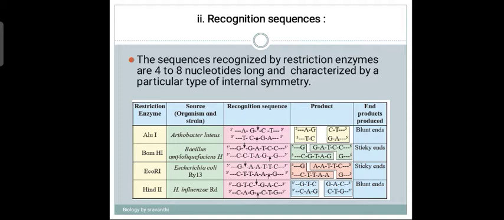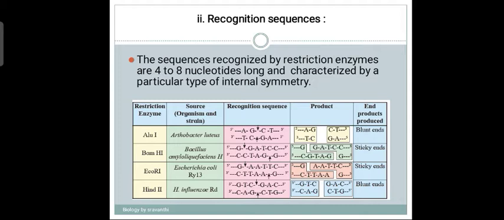Next, coming to the recognition sites. These are the particular points where the enzyme cuts. It selects a 4 to 8 nucleotide sequence in a DNA strand, and the cutting, or molecular scissoring, takes place at that particular point only. For example, the restriction enzyme AluI, from Arthrobacter luteus, recognizes a sequence and cuts in between guanine and cytosine. The product obtained has blunt ends.